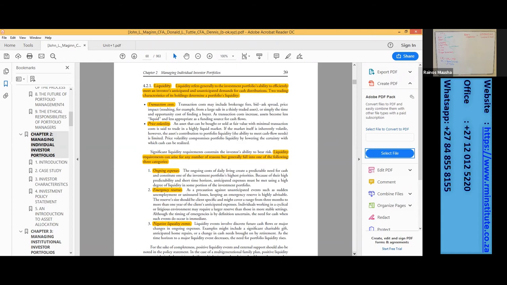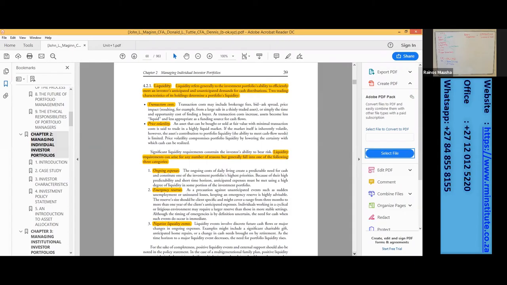Then the higher the price volatility, the lower the liquidity a portfolio would have. So ideally, you want a portfolio where the transaction costs are low, the price volatility is also low, and that portfolio can now be considered to be highly liquid, because it's easier to move in between assets in a portfolio without incurring huge losses.